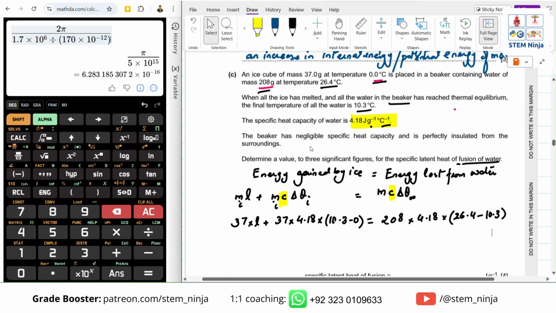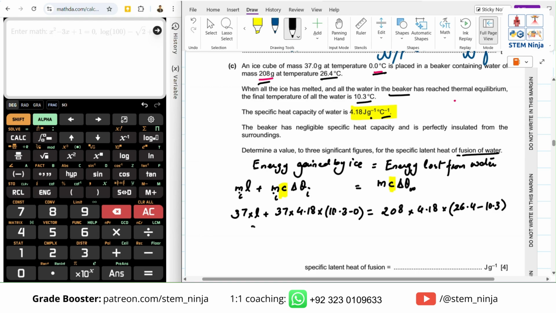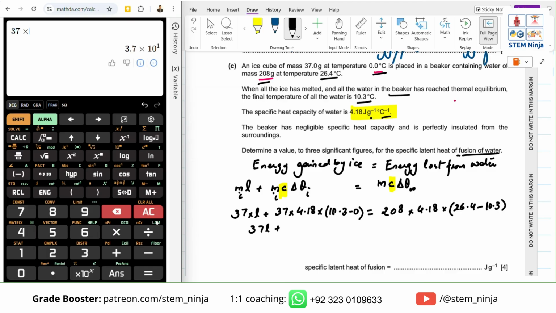Now all we have to do is find out L. So this is 37L plus 37 times 4.18 times 10.3 equals 208 times 4.18 times 26.4 minus 10.3. So 37L equals 208 times 4.18 times (26.4 minus 10.3) minus 37 times 4.18 times 10.3.